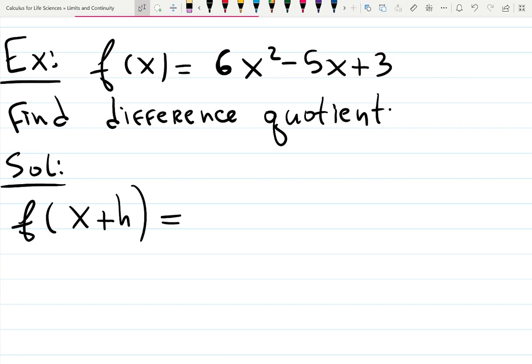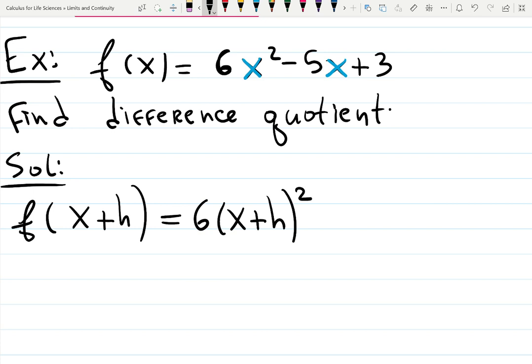So input is x, output is 6 times input squared minus 5 times input plus 3. If I plug love, it will be 6 love squared minus 5 love plus 3. If I plug x plus h, the same thing. You locate all the inputs and substitute them with any new input I told you to have. So what is going to be 6 times what?